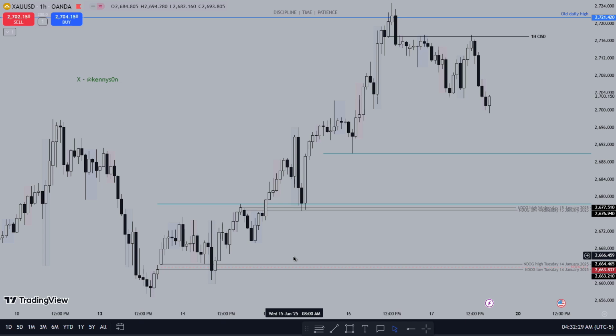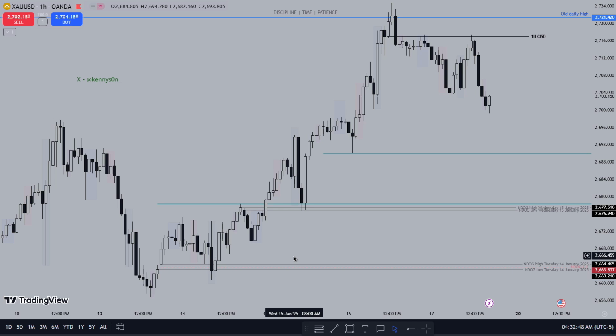So I'm still working on that part. All I know is that I'm very, very good at reversal trades. But I'm very mediocre when it comes to continuation trades.